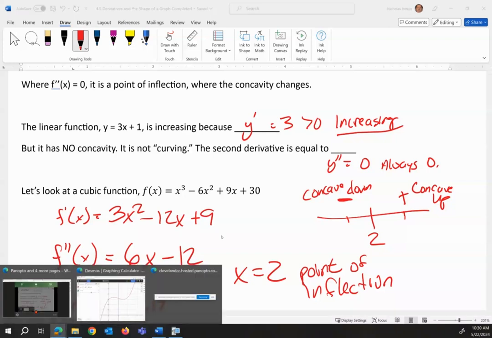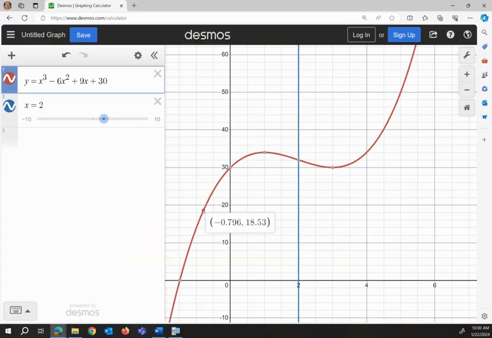What you'll notice is that if you connect any 2 spots, like this spot and this spot, for instance, that line would be underneath your function. Even if you connect this spot to this spot, the function would be higher than the line. The line is under the function: concave down.